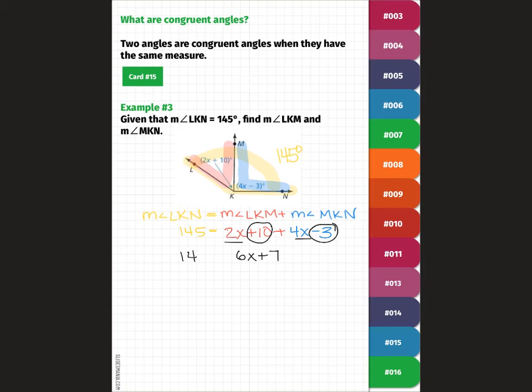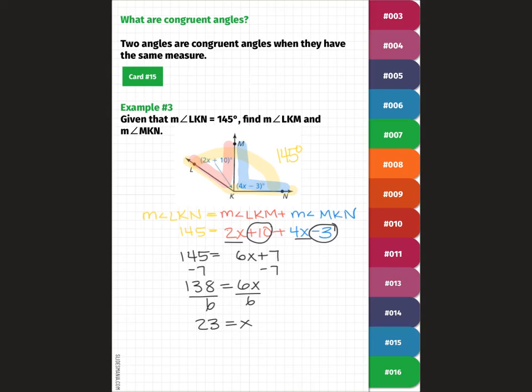So 145 is equal to 6x plus 7. I'm then going to subtract 7 from both sides, so that's 138 is equal to 6x. Then I'm going to divide both sides by 6, and 138 divided by 6 is 23. And that is equal to x. So I have found the value of x.